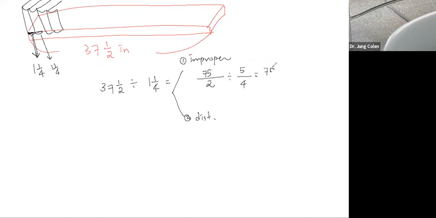So we can change that to 4/5. Anything can be cancelled? Yeah, 2 and 4. 5 and 75. How many 5s go into 75? 15. Thank you. So we have 15 times 2, 30. 1 times 1, 1. So exactly 30 many what? Books. Thank you.